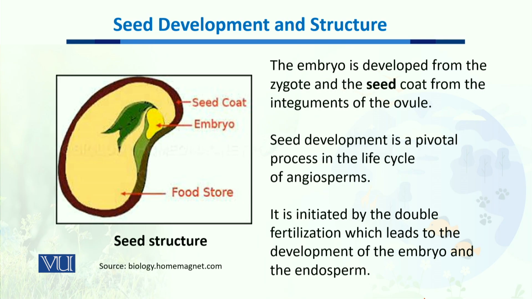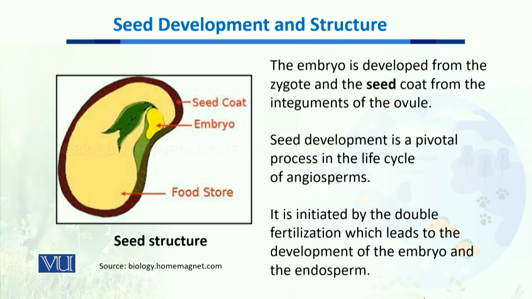Seed development is a very important process in the life cycle of angiosperms especially. It is initiated by the double fertilization in which not only the embryo is formed, the endosperm is also formed. So the double fertilization develops into the embryo as well as the endosperm.